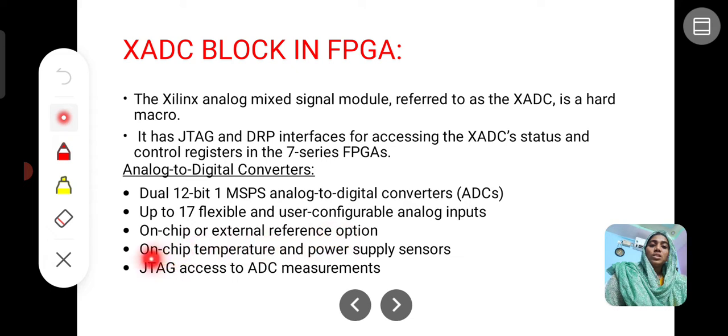One more feature is on-chip temperature and power supply sensors. Using this we can convert temperature and analog signal input into digital, and JTAG access to ADC measurements. So these are some of the features.